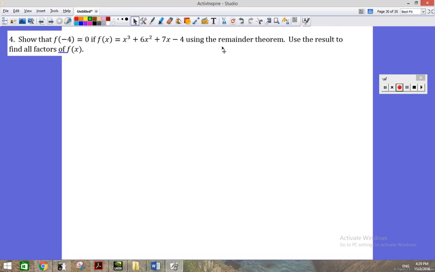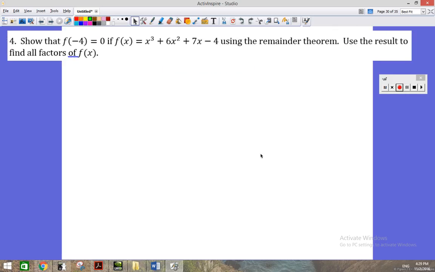Now here, this time, we take it a step further. Notice that they're saying that when you evaluate this function at -4, you get 0. And by that second theorem we had in the skill packet, that factor theorem, if the function evaluated at -4 equals 0, that says we can now write a factor of this polynomial.